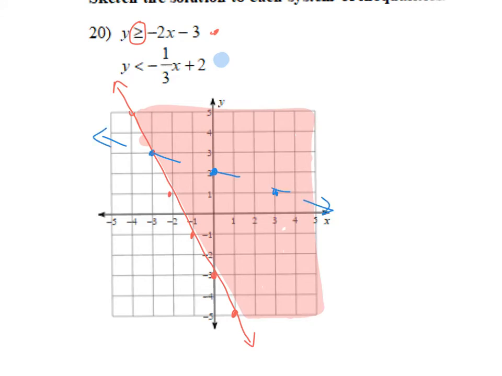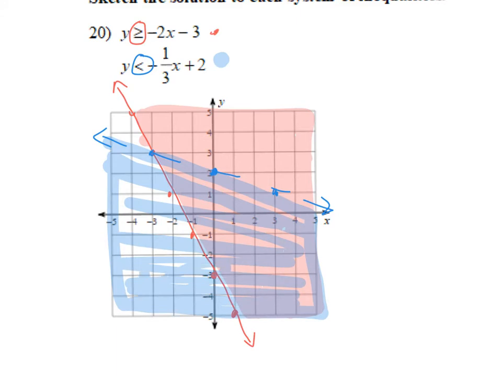And then this sign says less, so we are going to shade below. Your final answer will be that gray purply area where the two colors overlap. So your final answer is going to be everything in this section right here.